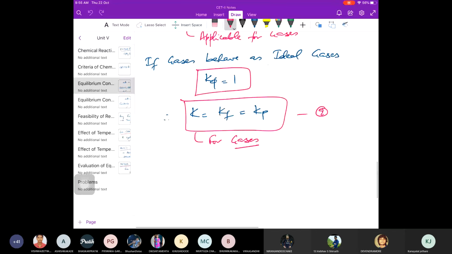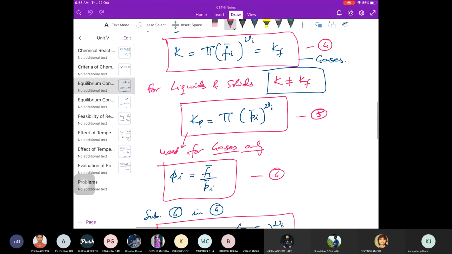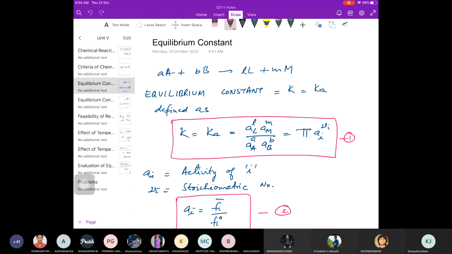which is equilibrium constant. Okay, so when you talk about an equilibrium reaction, we define an equilibrium constant, and that is defined as K is equal to K subscript A. So we are defining it based on activity.